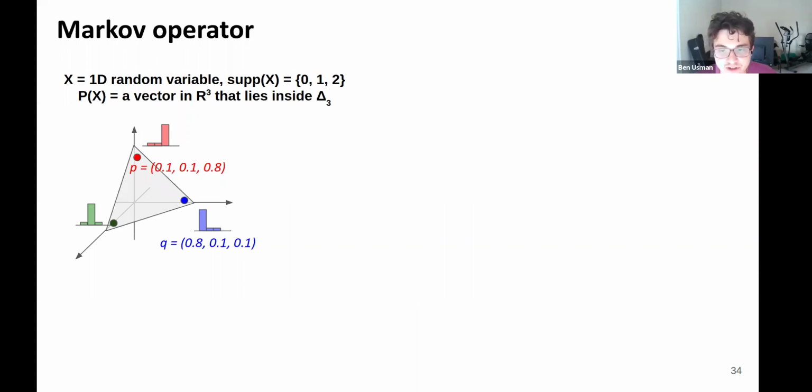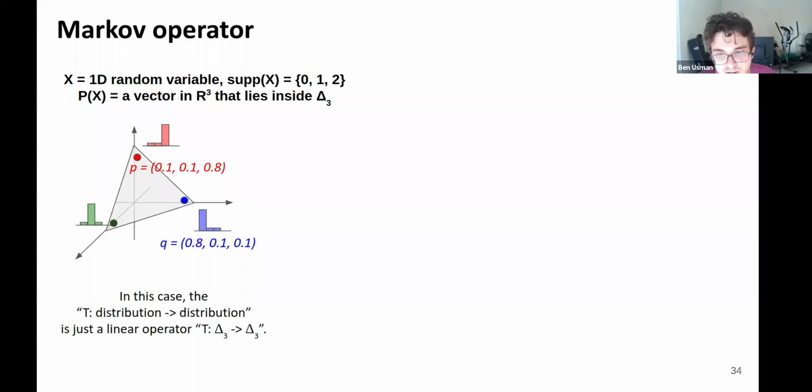So if our random variable x is just a discrete 1D variable taking three possible values, 0, 1, 2, with some probabilities p1, p2, p3, then all possible distributions that this random variable can follow can be represented as the 3D points that lie within this gray triangle. And in this case, an operator mapping from distributions to distributions is just an operator mapping 3D vectors to other 3D vectors, and it's just a matrix.